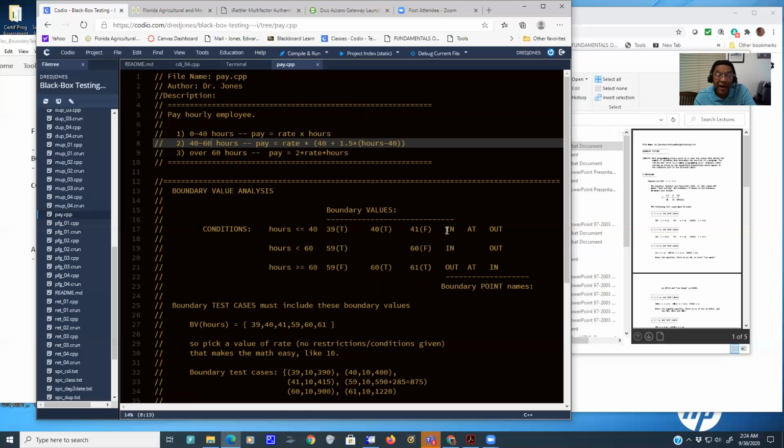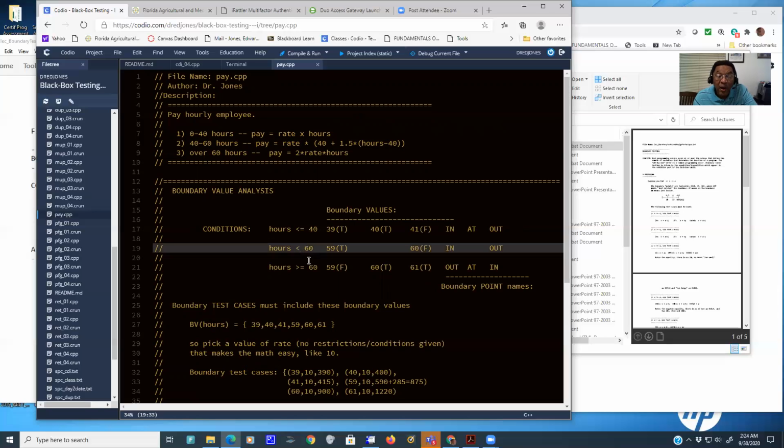One point is I'm inside this interval, a value for which the condition is true. If you have equality, I want to land on the value here. And I want to have one point that's outside, the point at which this thing becomes false.